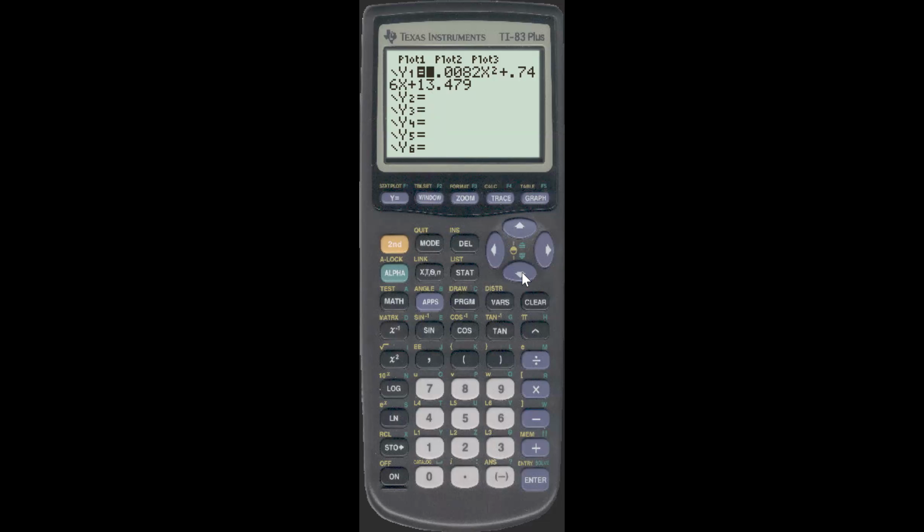You just go down to Y2 and hit the clear button. All right. I'm just trying to put the 6x plus 13.479 under y1. Okay, go ahead and get the equation entered. I'm trying, but it's not working.